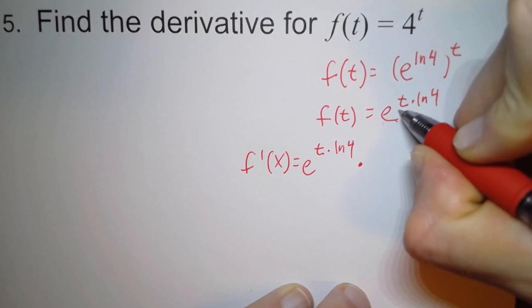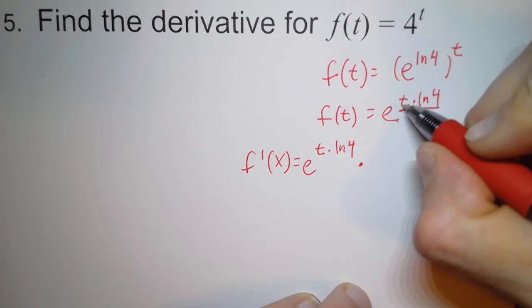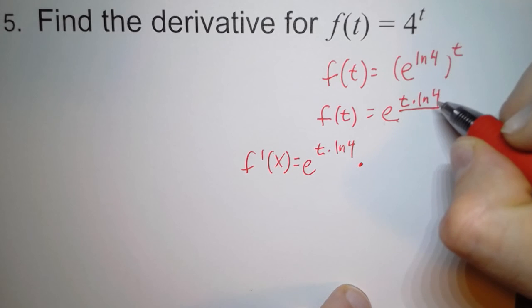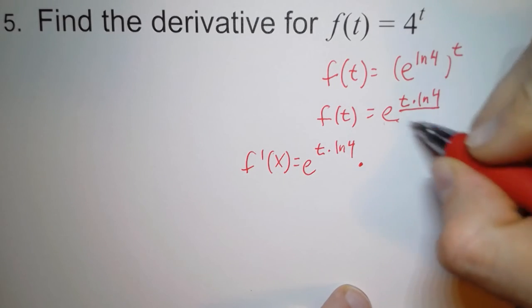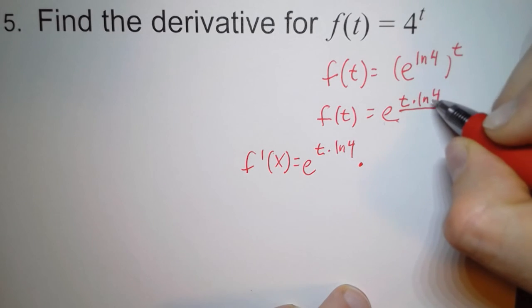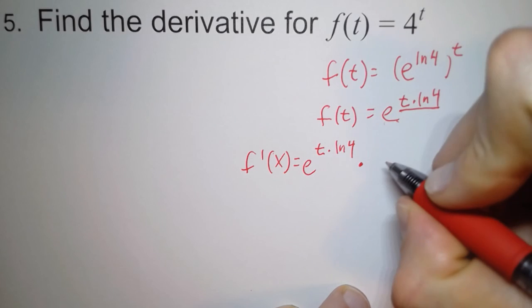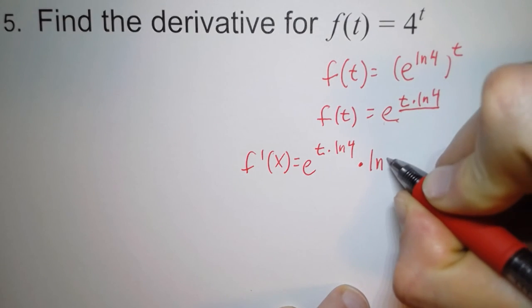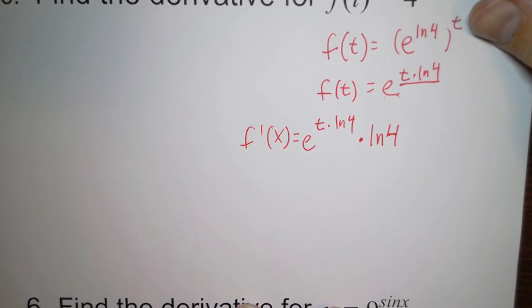So chain rule says whatever the inside function was, which is that, we take its derivative. Now t is our variable. ln of 4 is a constant. So that means this is the same as 3t or 10t, except the constant is ln of 4. So when we take this derivative, the t falls away, and we're just left with ln of 4.